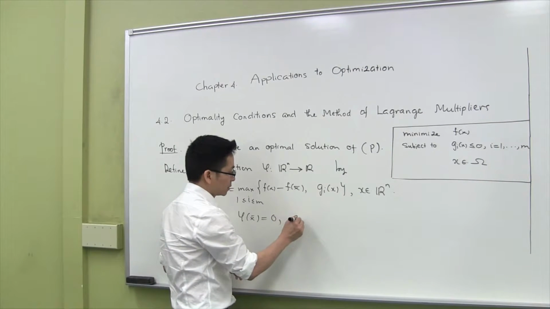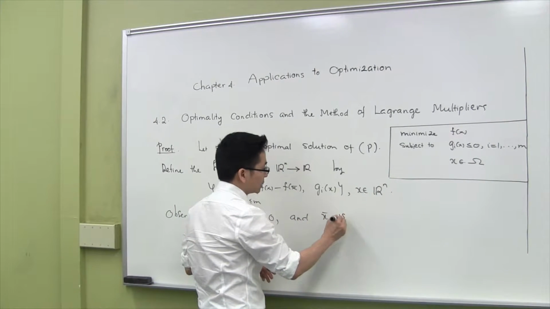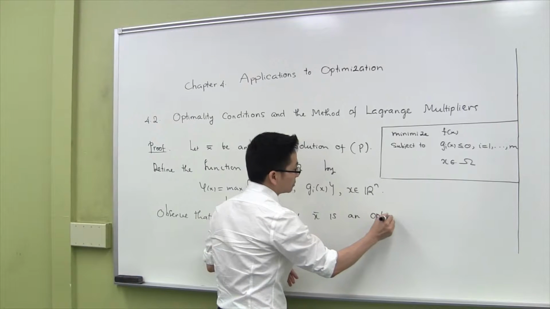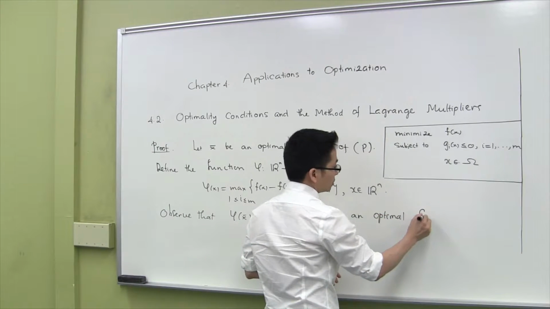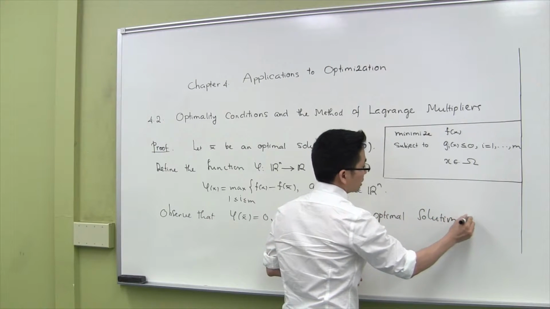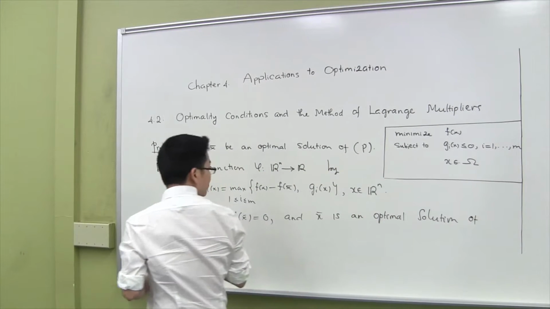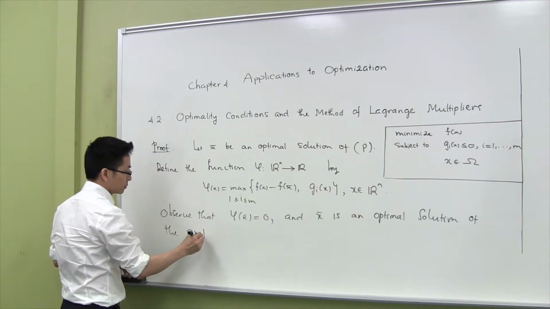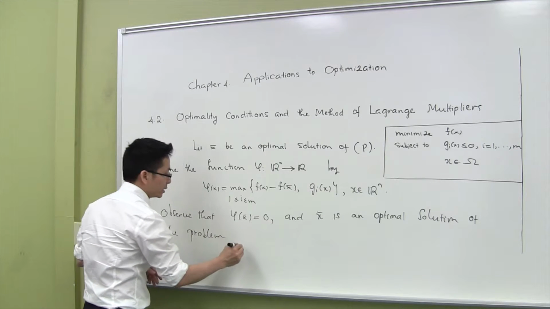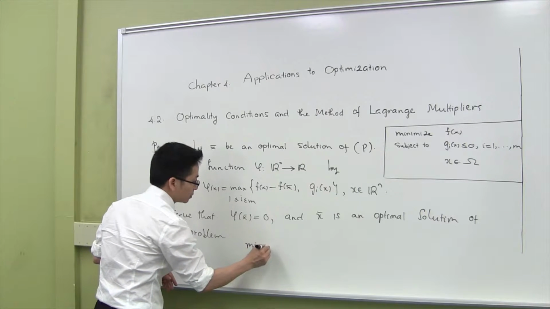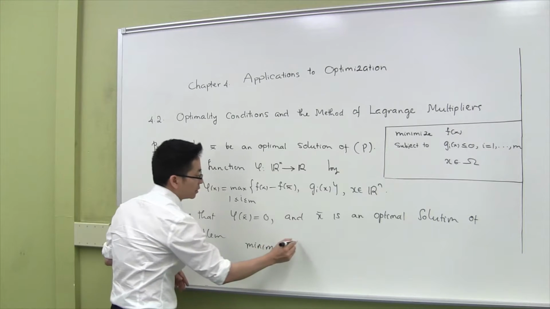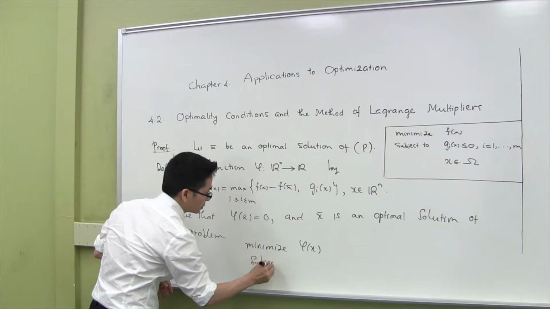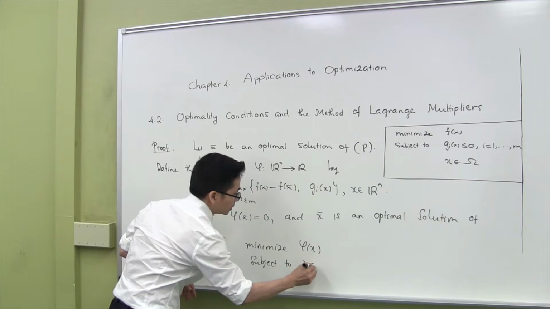And x bar is an optimal solution of the problem in which we minimize the function phi of x subject to x in omega.